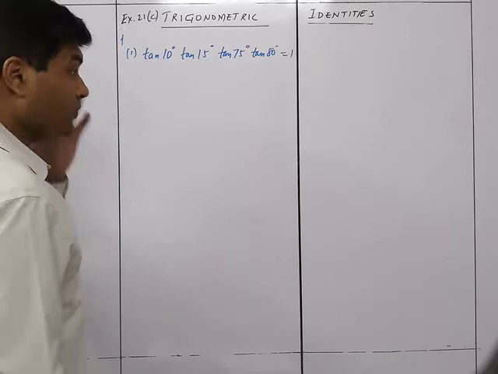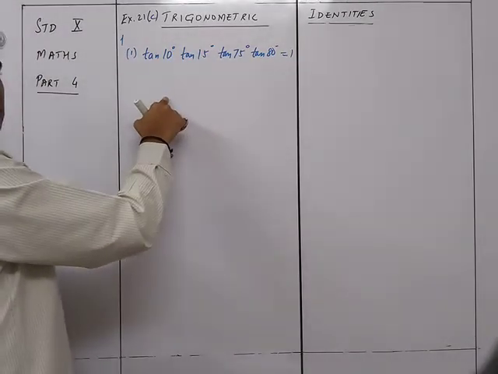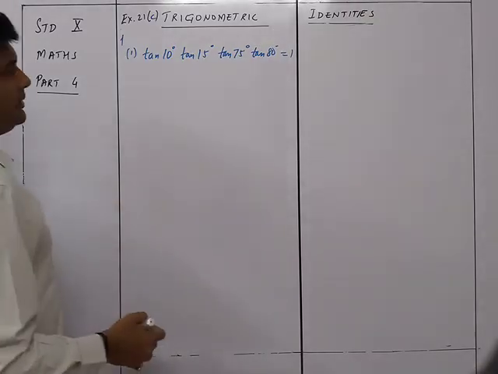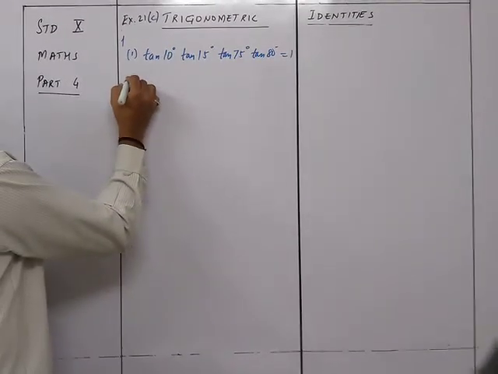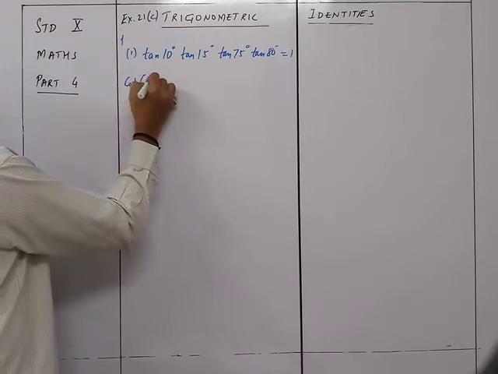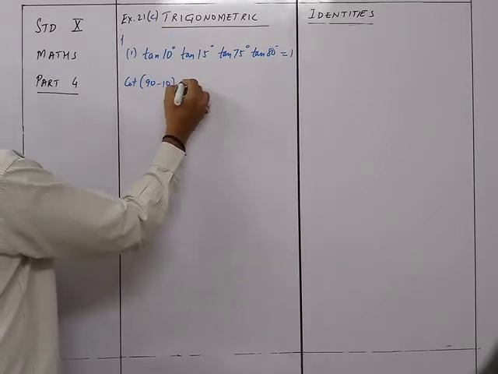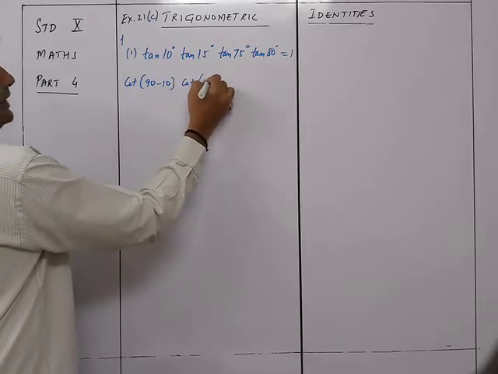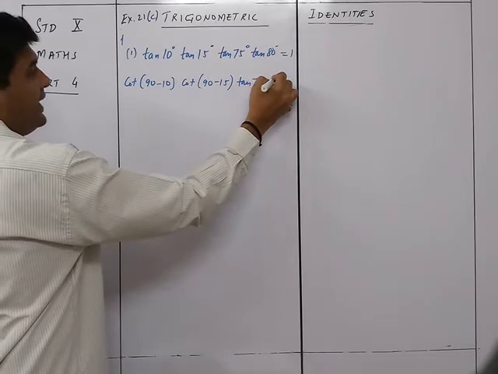This is what you need to prove. It's very simple. Tan theta is cot 90 minus theta, so it is nothing but cot 90 minus 10, cot 90 minus 15, tan 75, tan 80.